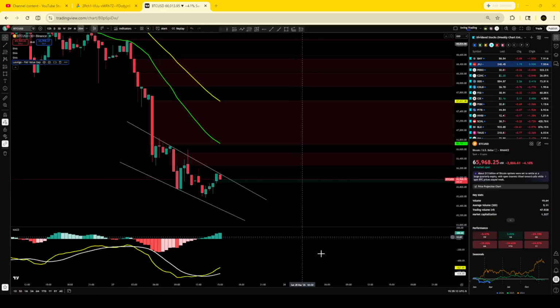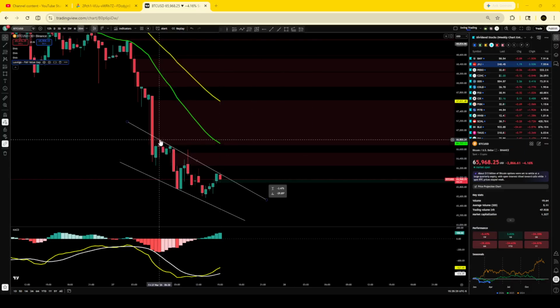That tells you supply is present. In a downtrend, resistance becomes your opportunity zone for selling. So you see how price reacted to this trend line, which is the ceiling, which is resistance.